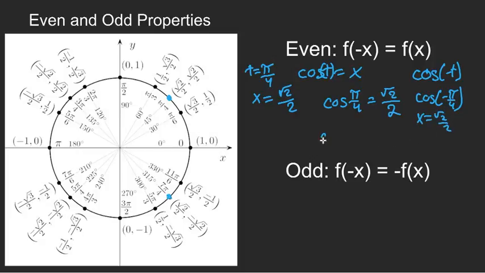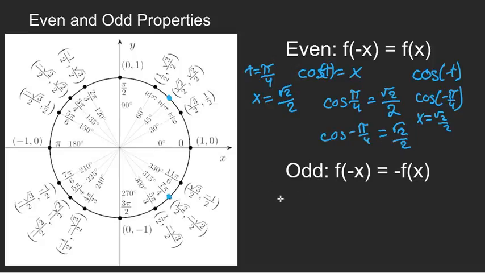So cosine of negative pi over 4 also equals root 2 over 2. So we can see that f of negative x, which is root 2 over 2, is the same value as f of x, where cosine of pi over 4 is the same as cosine of negative pi over 4. So this is an even function.